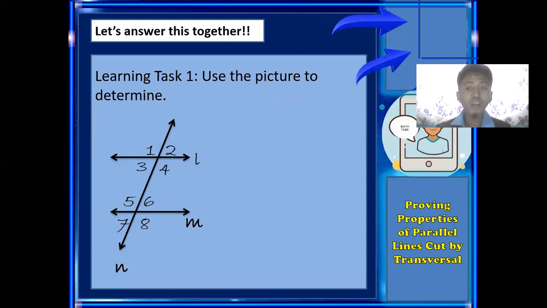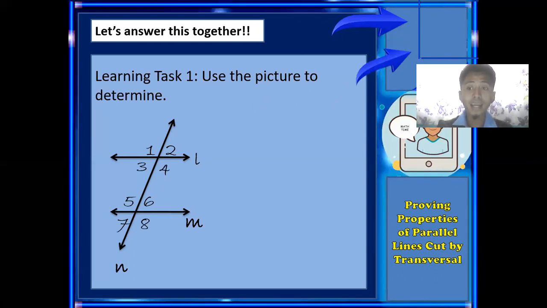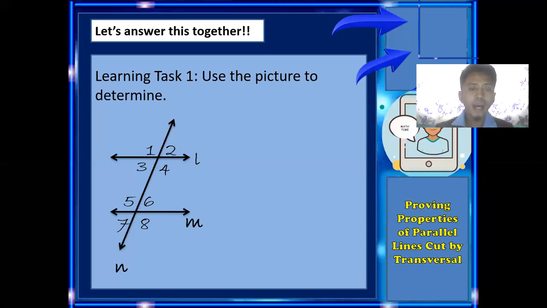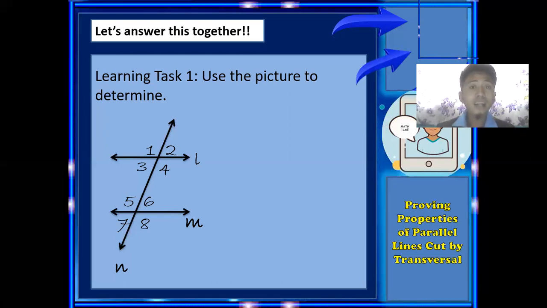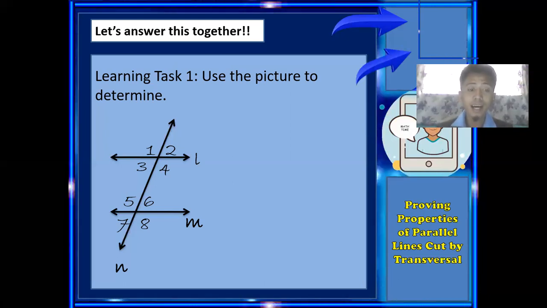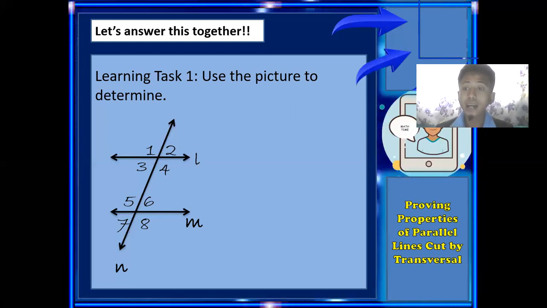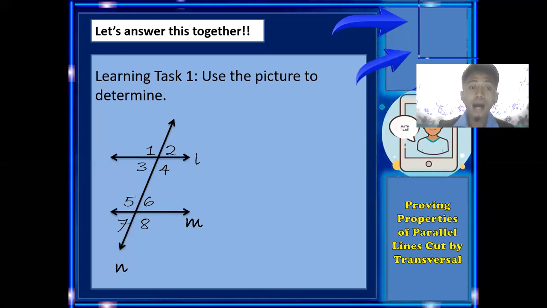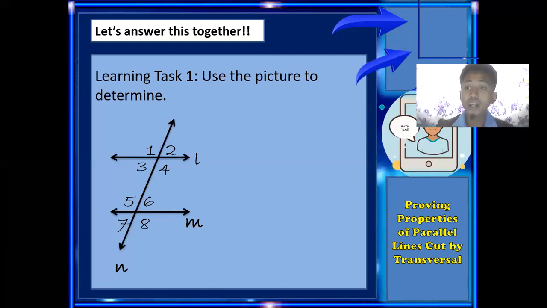I have a figure below of parallel lines, wherein our parallel lines are line L and line M. These parallel lines are cut by a transversal, and that transversal line is line N. By these parallel lines and the transversal line, we created angles. Our angles are angle 1, 2, 3, 4, 5, 6, 7, and angle 8. By this illustration, we should identify or determine the following.